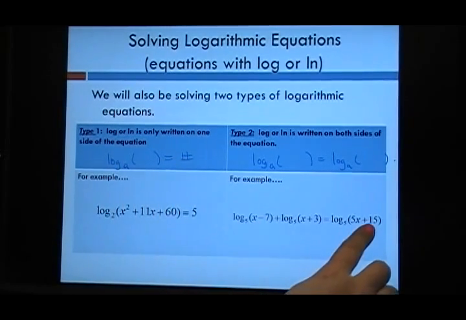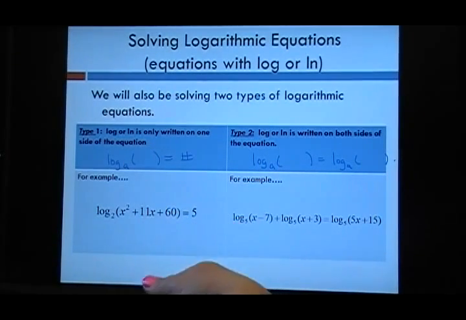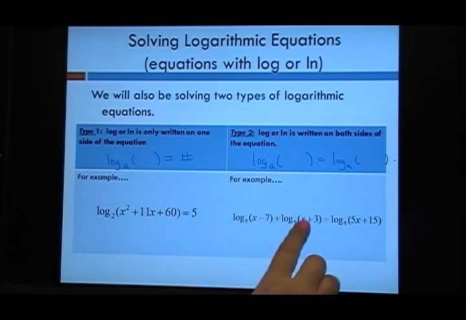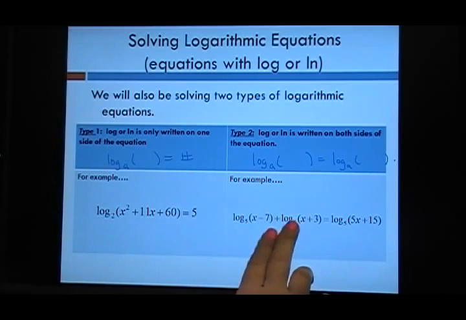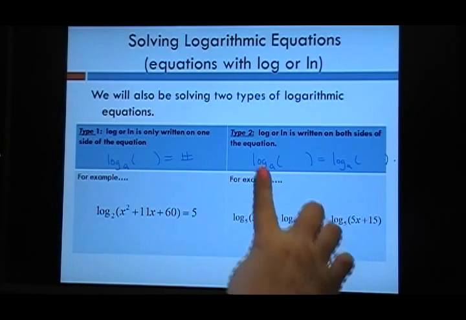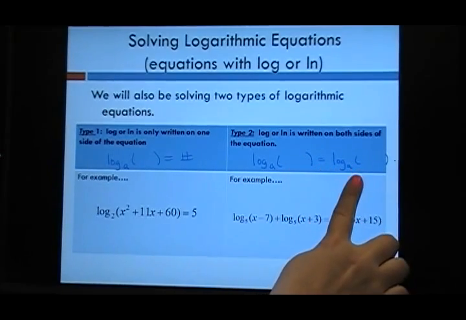Here we've got lots of other stuff going on, but if we do what we did in the last section with rewriting multiple terms as a single term, if we use our properties of logs, we would be able to get this equation into the form log of something equals log of something.